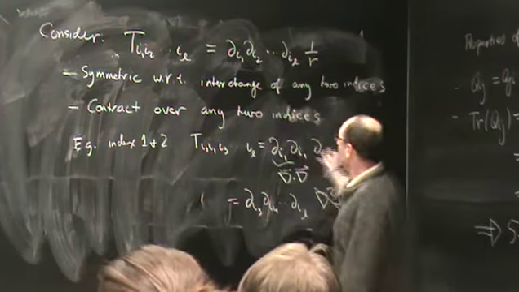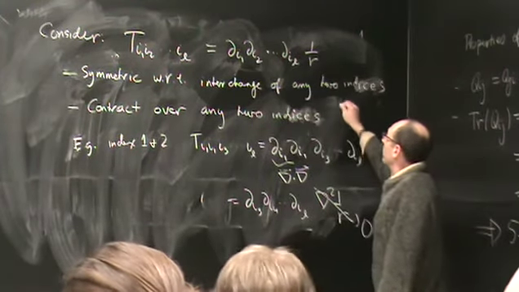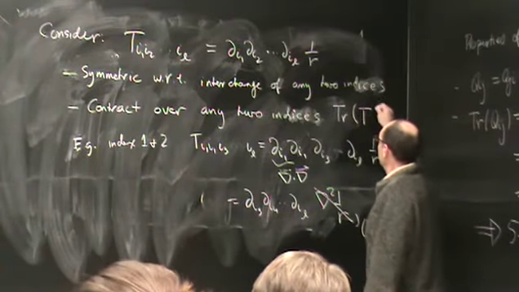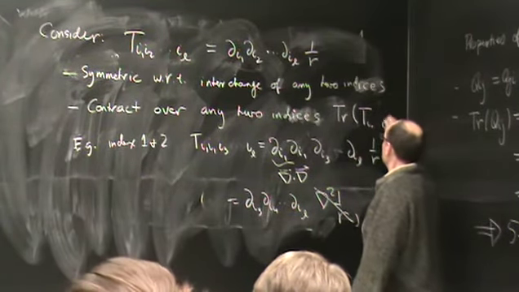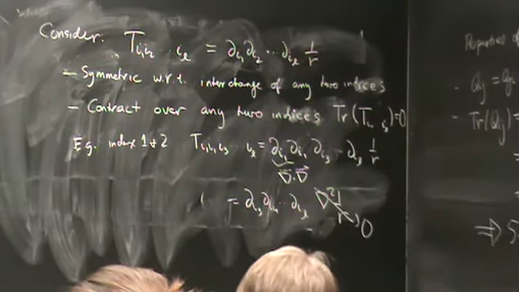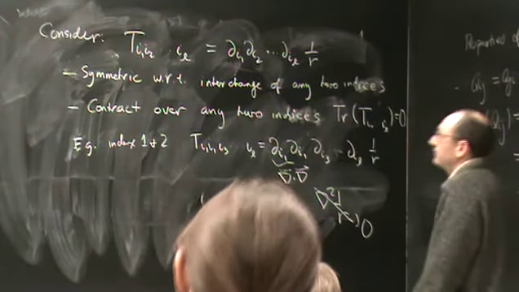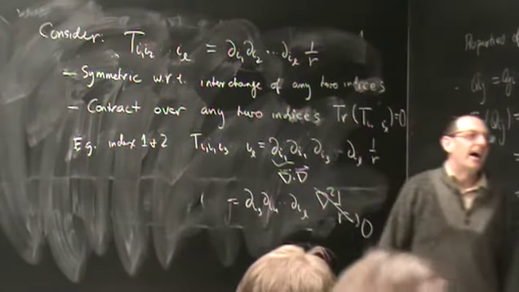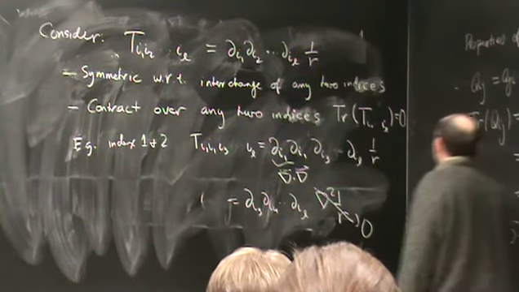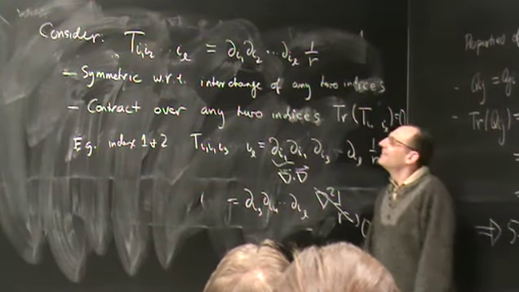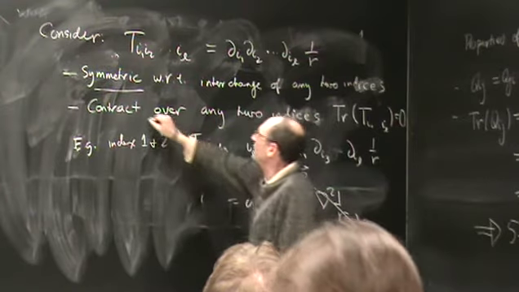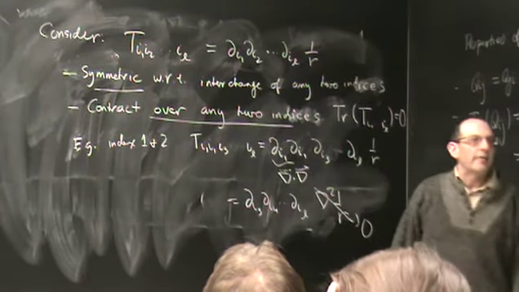So if I contract over any two indices, the trace over any two indices is zero. This tensor, not really a matrix, it's generally a high order thingamajigger, is completely symmetric, and it's traceless when I contract over any two indices.